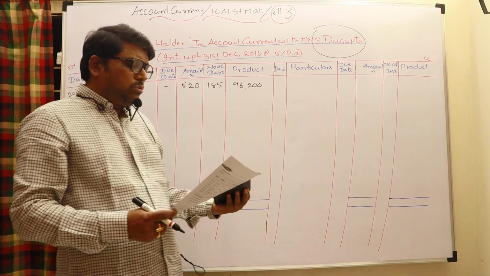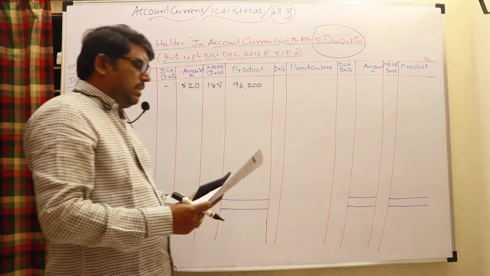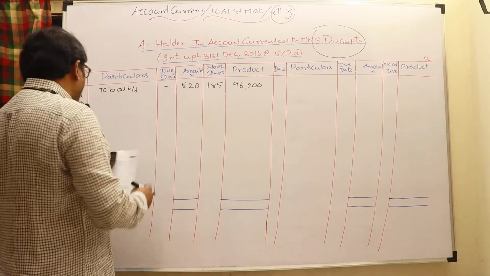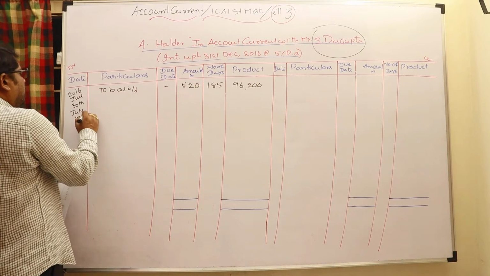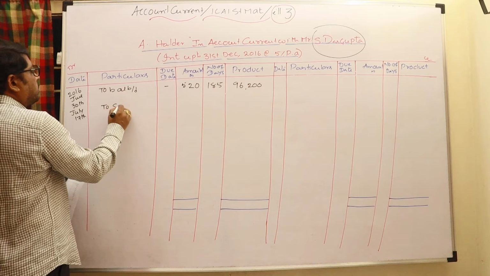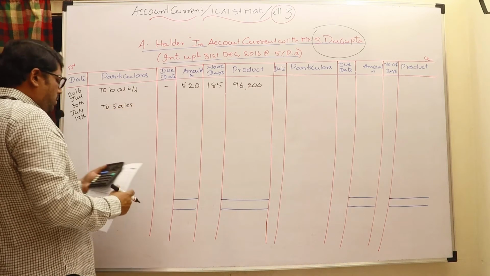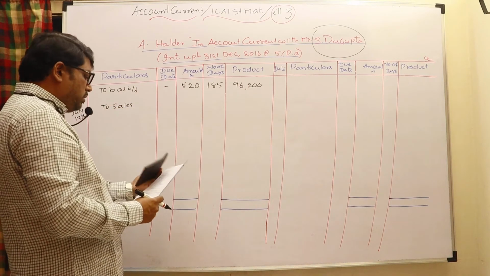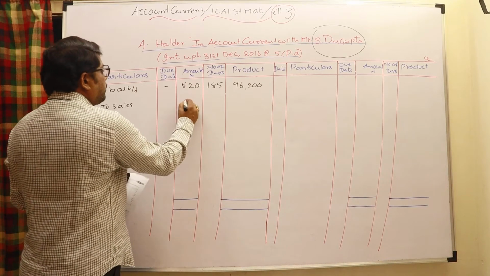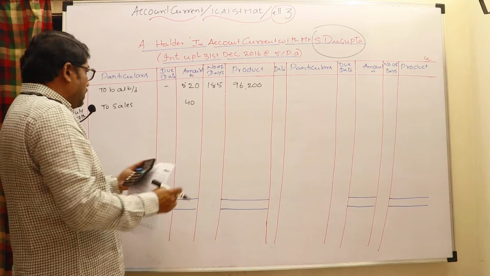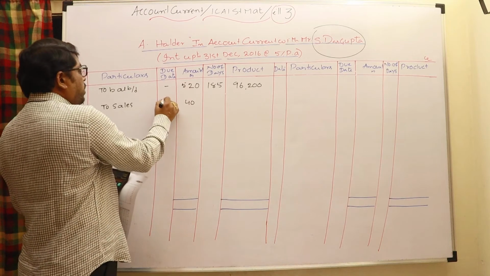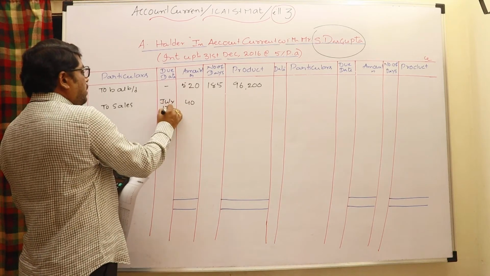July 17th, goods sold to A Holder. In A Holder's account, to sales, July 17th, amount is 40. No separate due date is given, therefore you take the same July 17th as the due date.